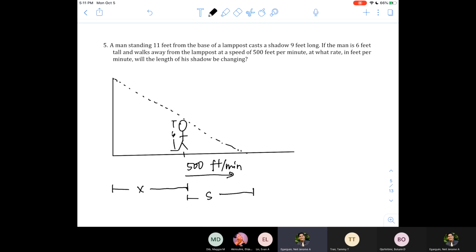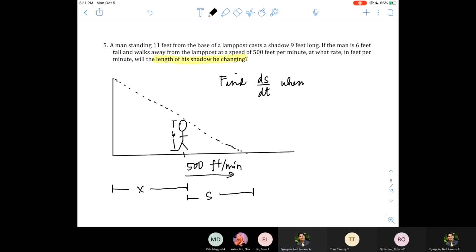And then what else? Of course, the lamppost, that should have a constant value. But anyway, here, we want to find what? We want to find the rate at which the length of his shadow is changing. Based on the definition of variables I have in the figure, we will be looking for ds over dt, right? At what particular moment?